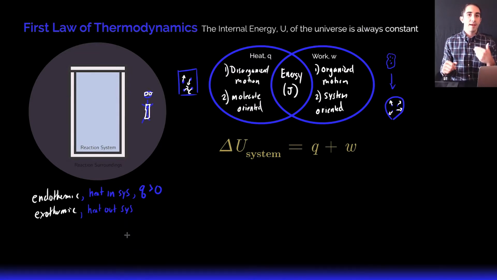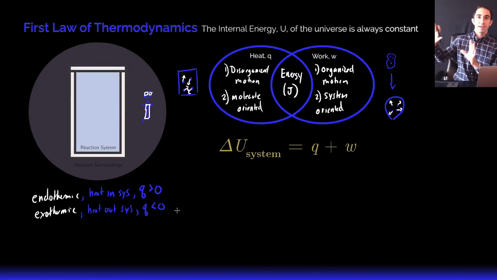And what's a common exothermic reaction? Well, an explosion, a combustion reaction. In this case, the heat flow is negative, and you're feeling it getting hot because you are standing outside of the reaction system. So you're actually feeling all of that heat escape the reaction system, and you're in the perspective of the surroundings.